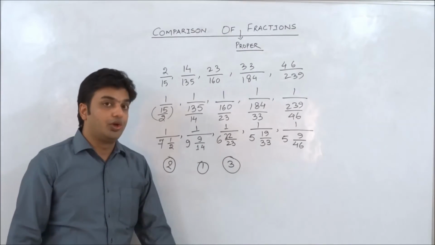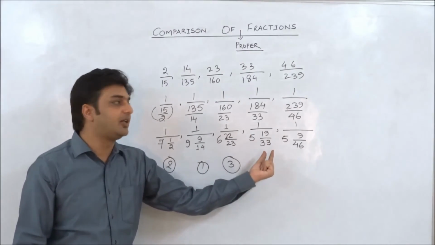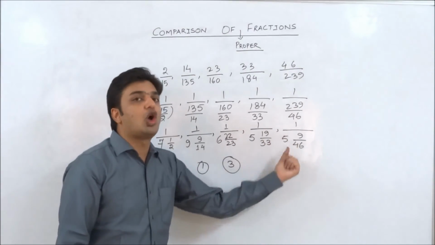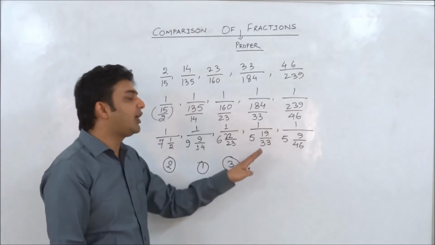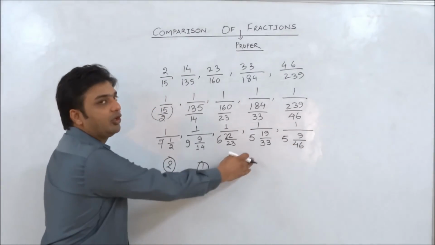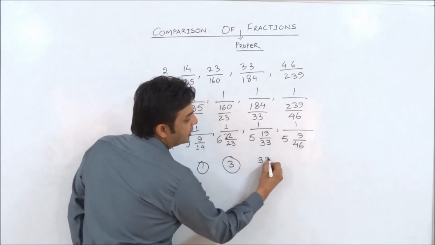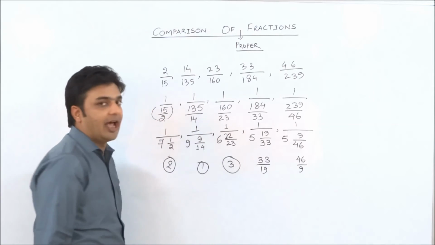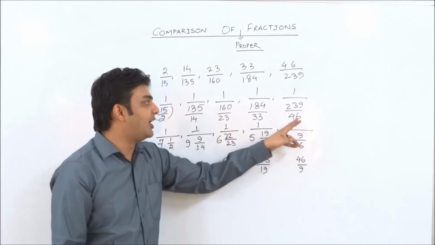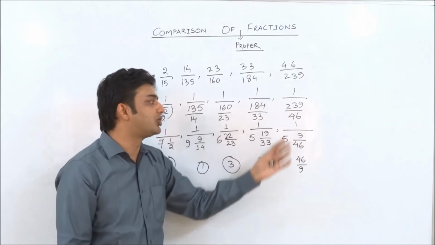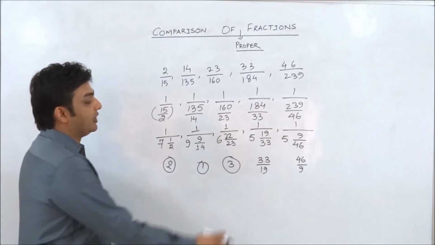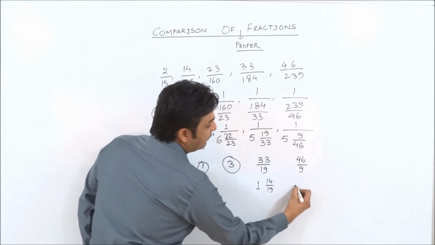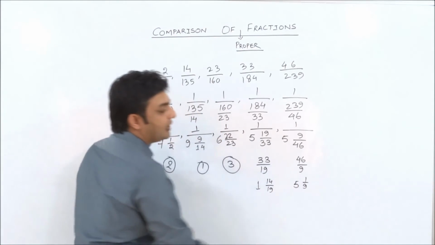What about these two? Here it is 5 plus 19 by 33 and 5 plus 9 by 46. As you have seen, 5 is common to both. So what we can do is we can ignore 5. If we ignore 5, this fraction becomes 19 by 33 and 9 by 46. When we take reciprocal, 33 by 19 and 46 by 9. So the value of this is 1 14 by 19 and the value of this is 5 1 by 9.